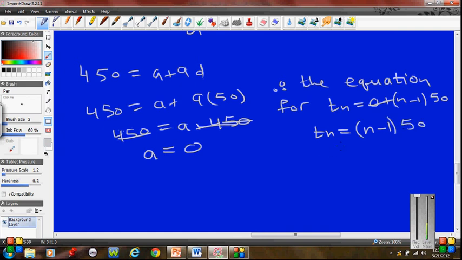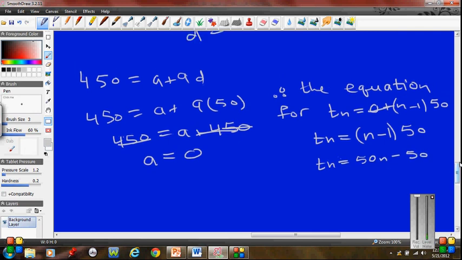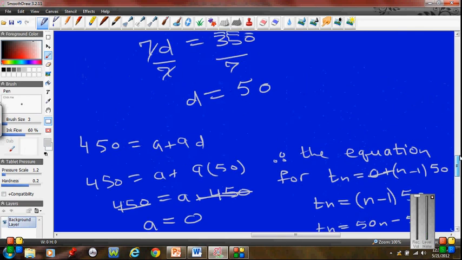If you want to take it another step further, you can do Tn is equal to 50n minus 50, and that is the simplest form of that equation.